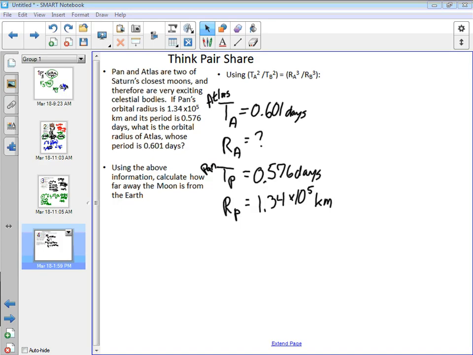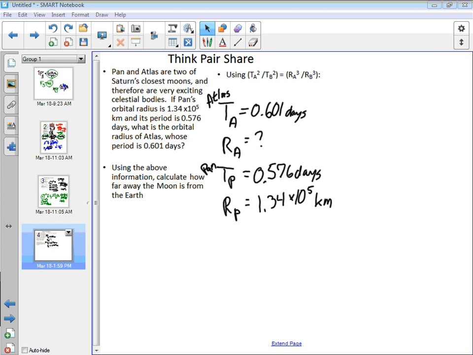So if we list out the data for Atlas and for Pan, and by the way, we don't have to keep them as subscripts A and B. We can call them whatever we want. I'm saying subscript A for Atlas and P for Pan. Anyhow, we have the period for A, that's Atlas, 0.601 days. We're looking for the orbital radius of Atlas. The orbital period for Pan is 0.576 days, and the orbital radius for Pan is 1.34 times 10 to the 5 kilometers.